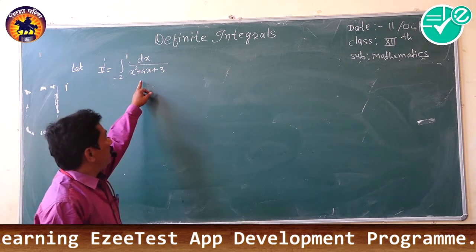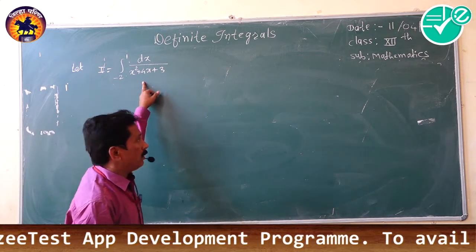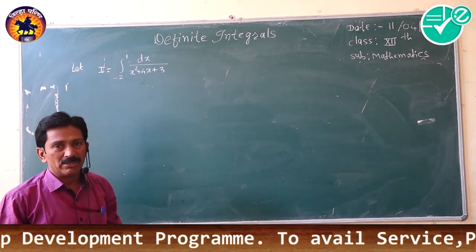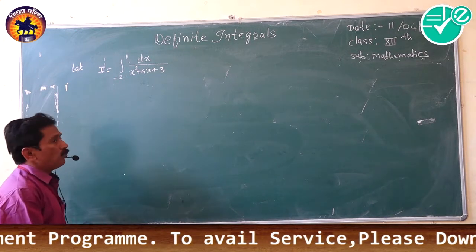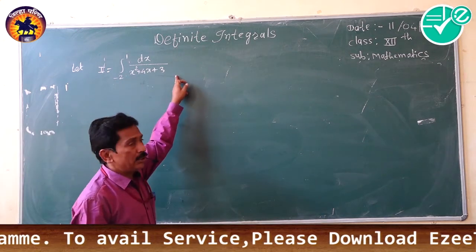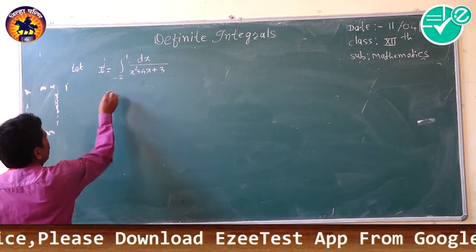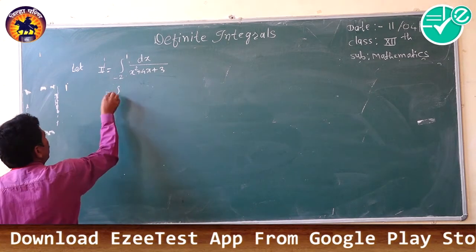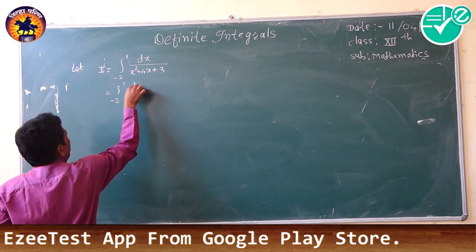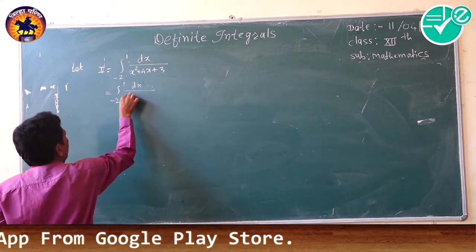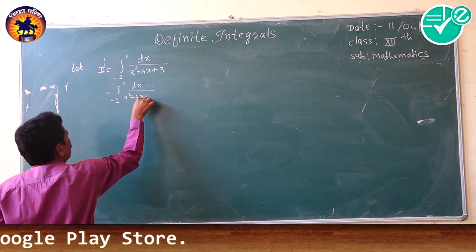Now this is a quadratic expression in the denominator, x square plus 4x plus 3. Now we have to convert this denominator into a whole square. For this, we can rewrite this as integral from minus 2 to 1 dx upon x square plus 4x plus.